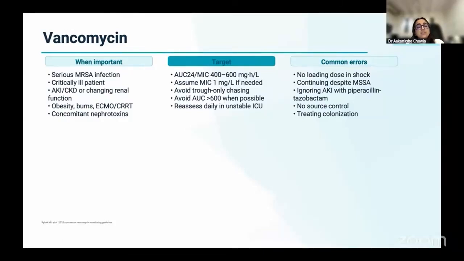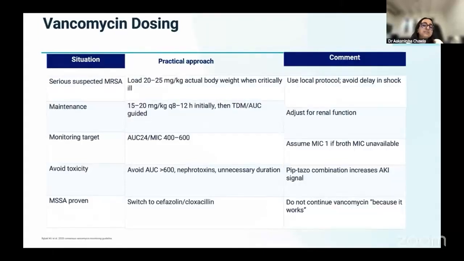Look at the dosing in patients on ECMO, CRRT, obese, burns because of ARC. We've talked about this in the previous session. Then also when you're using this with any other concomitant nephrotoxic drugs, because these things you have to keep in mind before you're choosing vancomycin as your drug for MRSA infection.